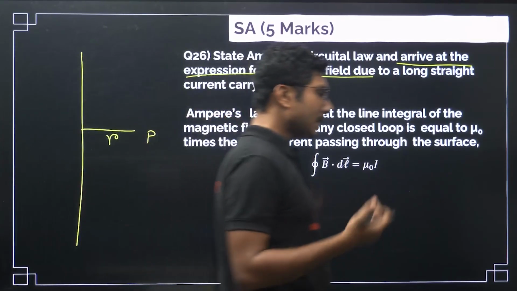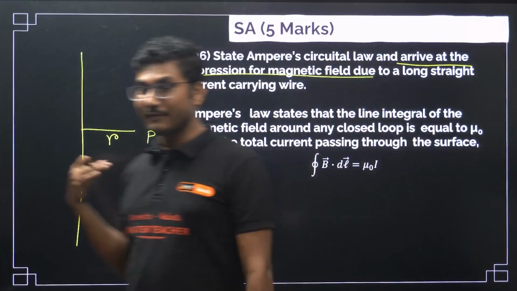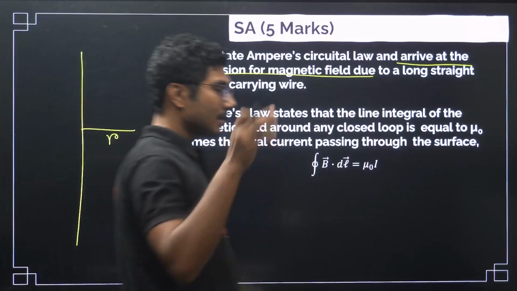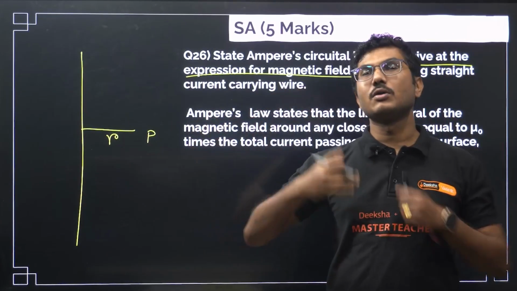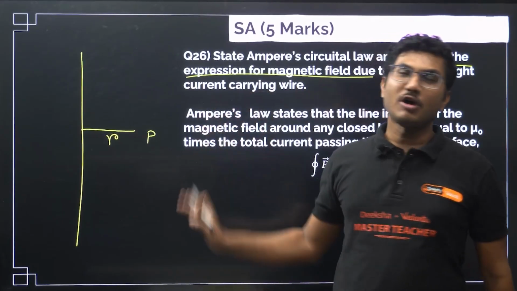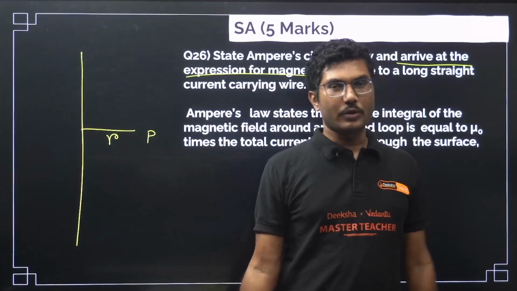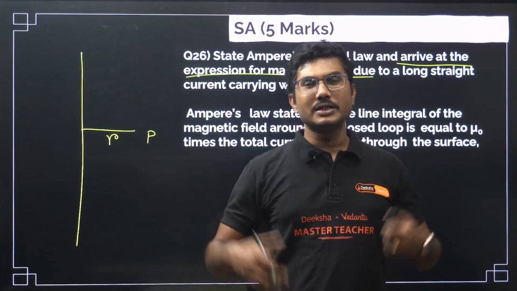Similar to Gauss law, when we apply Gauss law for an infinitely long charged wire, we consider a cylindrical symmetry, because for Gauss law we need a closed surface. For Ampere's law we do not need a surface, we need a loop. It can be a square loop, it can be a circular loop, more symmetrical is better.